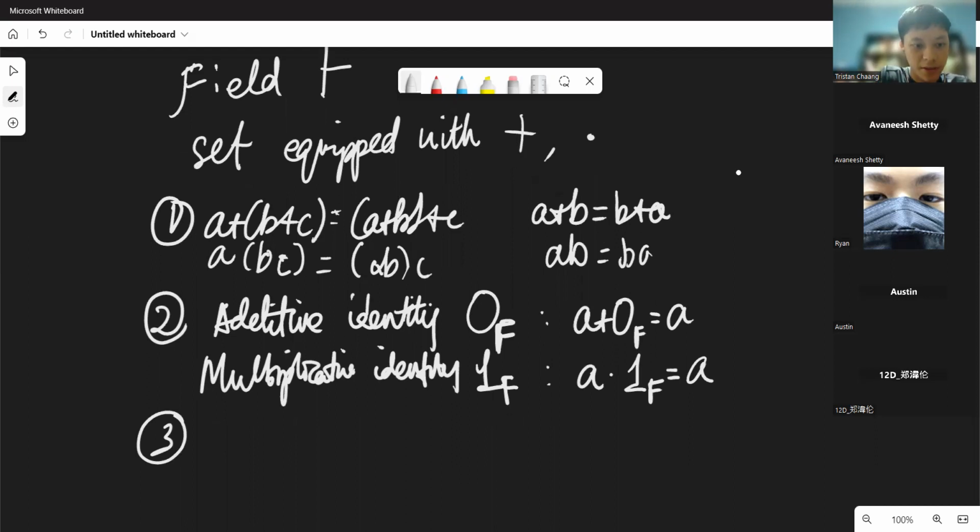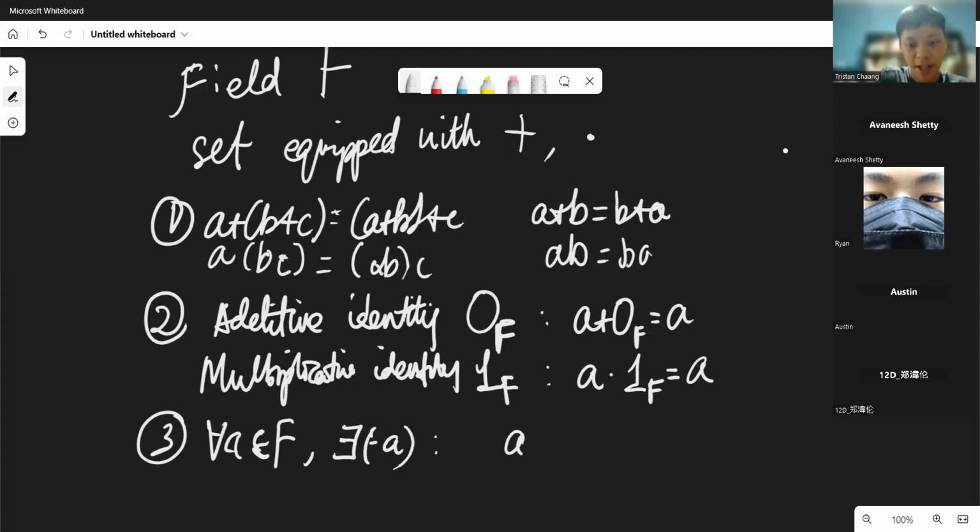So for each A inside that set F, there exists another element called minus A. When I say exists, it doesn't mean it has to be a different element. It could be itself, it could be another element. So this element, which can also be denoted as minus A, is called an additive inverse.